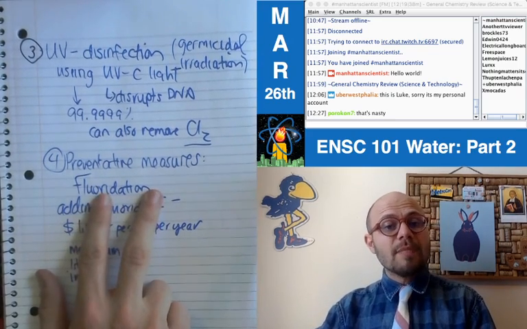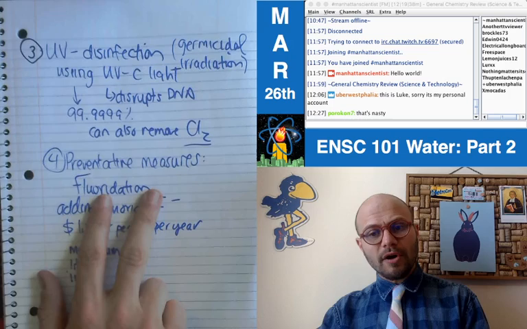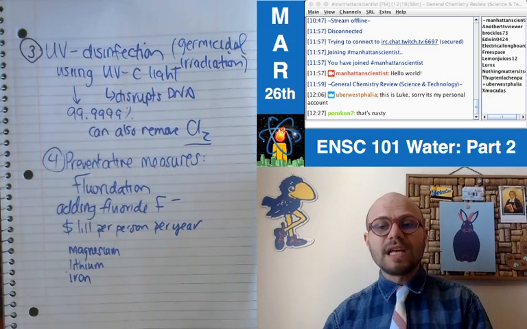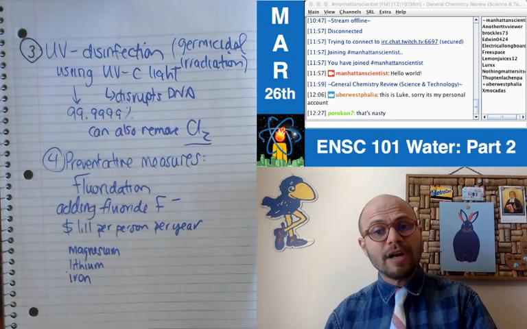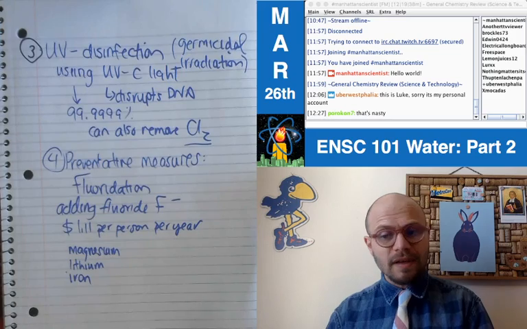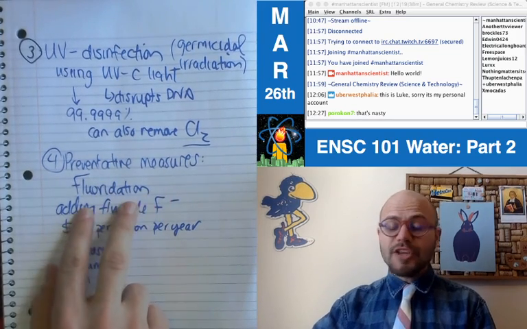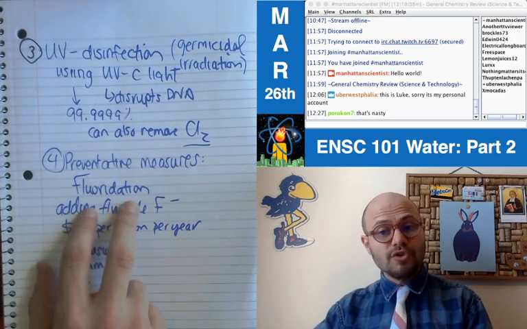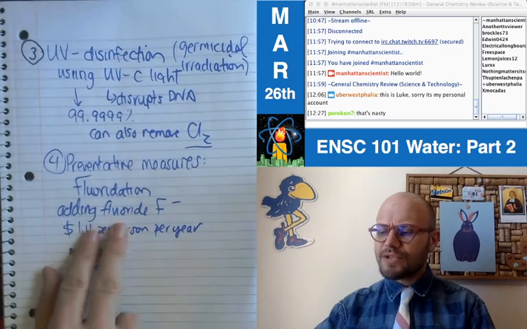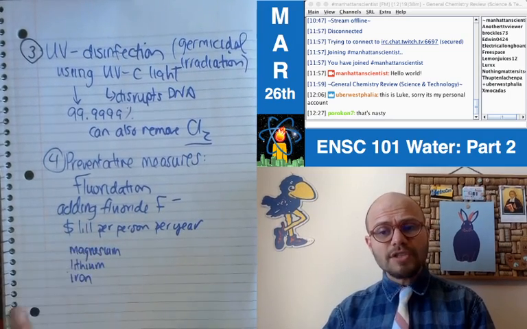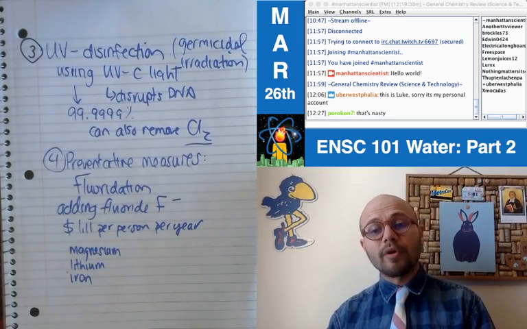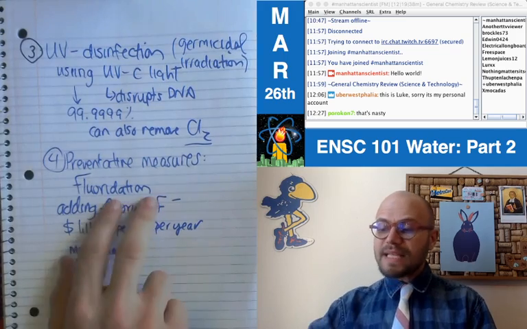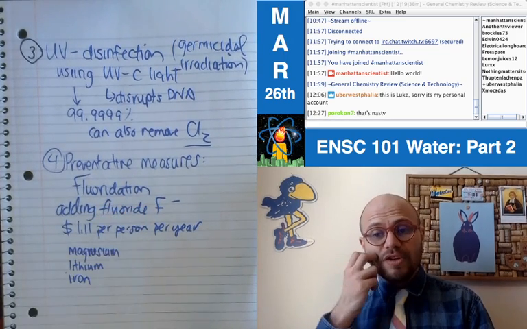Let's talk just quickly about a preventative measure, one that you've probably heard about. There actually is a fair bit of discussion as to whether this is necessary or worth it, or safe even. But one thing we'll find is that you can add fluorine to water, similar to toothpastes or mouthwashes, I guess, or things like that, at a very low cost, so roughly around $1 plus per person per year. And the premise is that the fluorine in here is going to help prevent tooth decay.